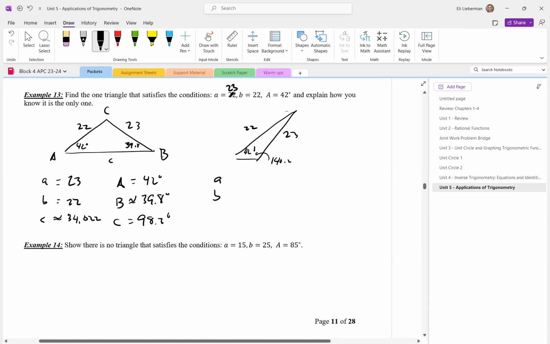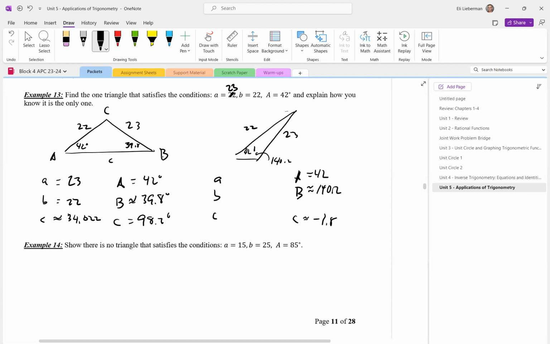Okay, so if I'm solving this ABC, maybe there is another triangle. I know this is 42 degrees. B is approximately 140.2. You see where I got that from? It is the supplement of the other B. So if this is true, then C would be equal to negative 1.8, which is a problem.